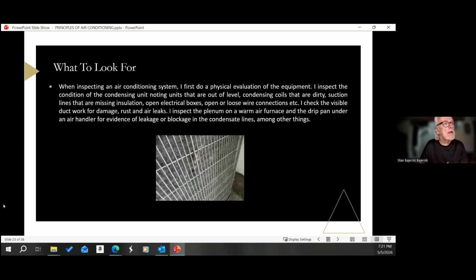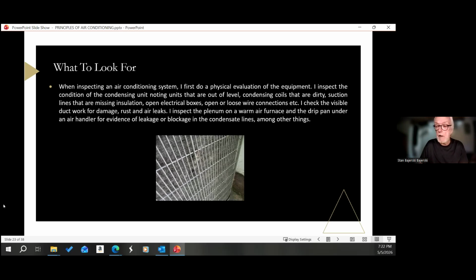So when you're looking at air conditioning systems, what are we going to look for? For me, I do the outside first. So I first do a physical evaluation of the equipment. I inspect the condition of the condensing unit, noting units that are out of level, condensing coils that are dirty.